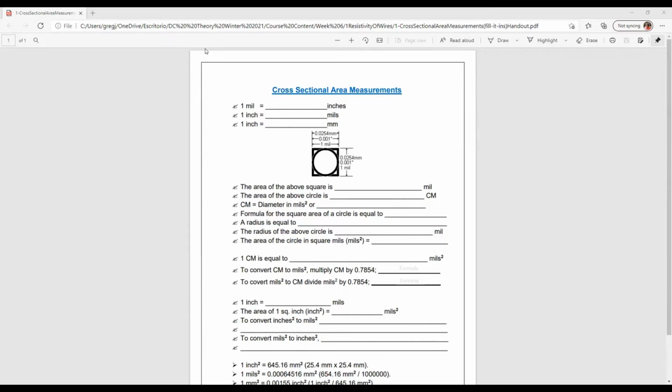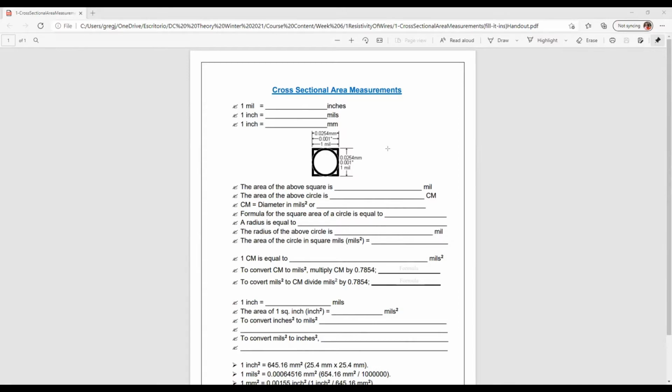They decided, in order to make it easier to make field measurements of the cross-sectional area of a conductor, that if you say you have a number 4 conductor or a number 3 conductor, you don't really know what the thickness is unless you go to a table and take a look at it. But if you were in the field and you use a caliper and measure the conductor, then you would be able to determine how many circular mills you have in that conductor rather easily.